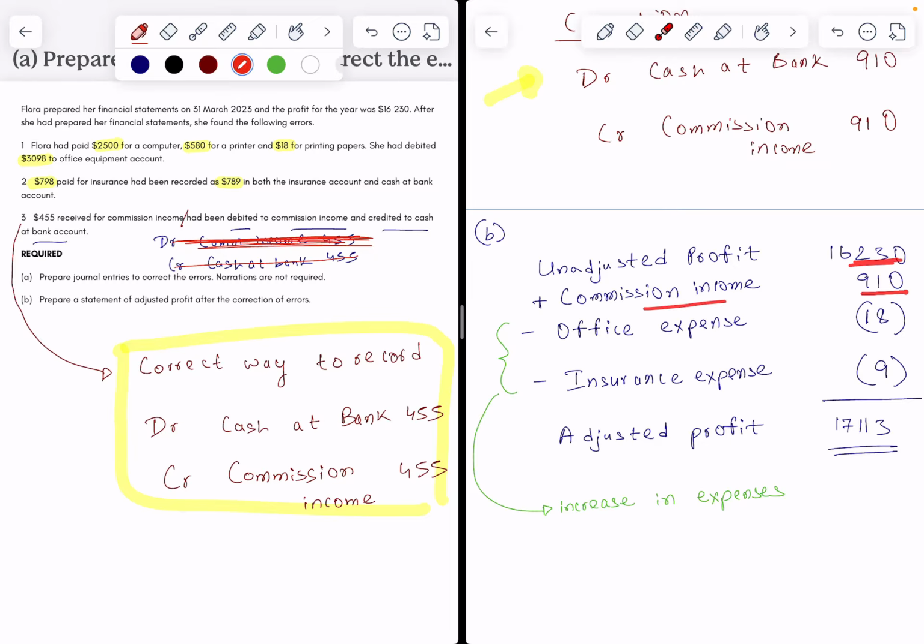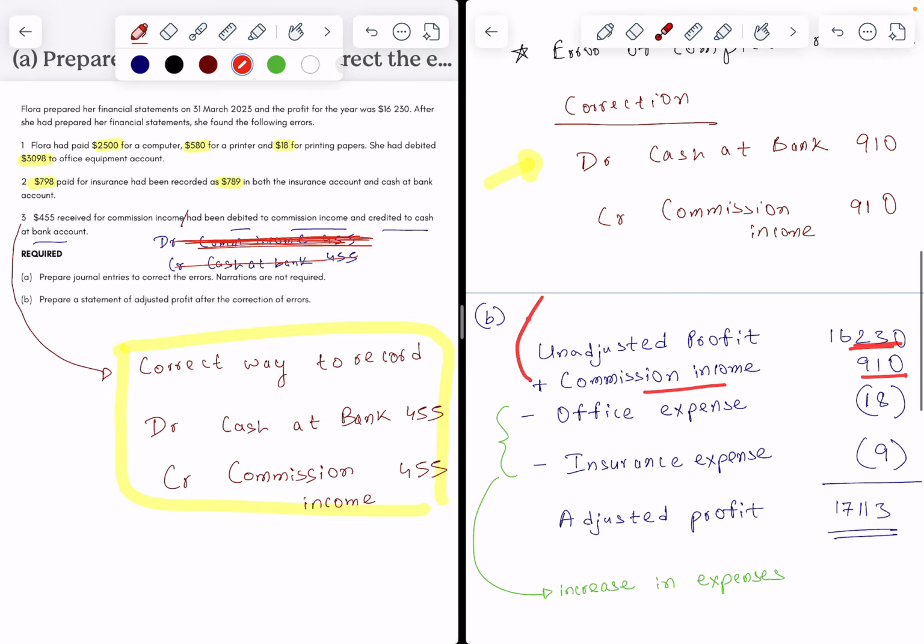Obviously when there's an increase in income, profits will go up. Now, how do we know there's an increase in income? Because in the last transaction, which we have fixed, we corrected the transaction by crediting the commission income by $910, which means we are increasing the income by $910. And that is what is being reflected here as a positive, which is added to the unadjusted profit.